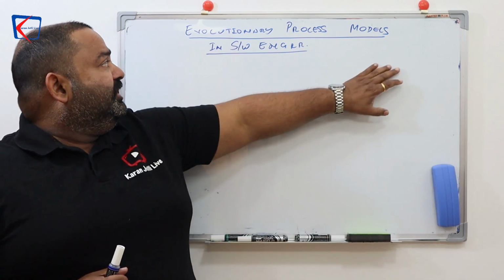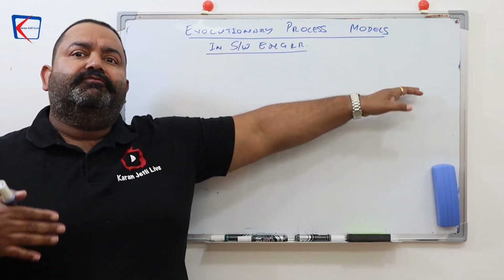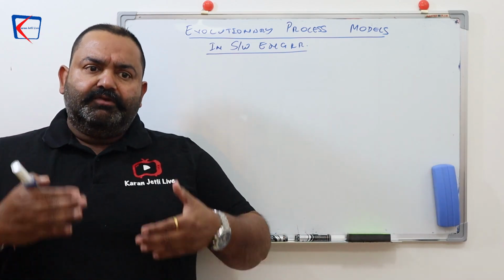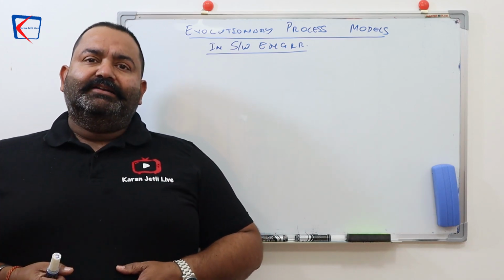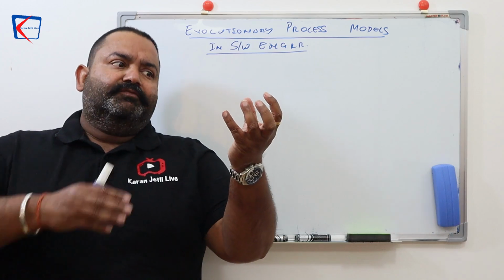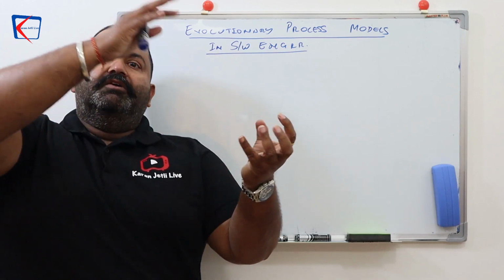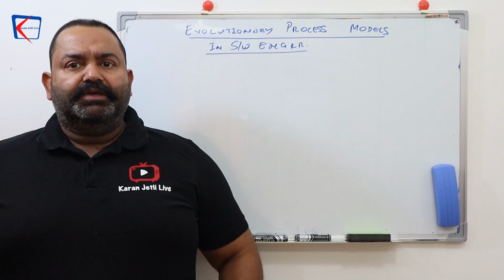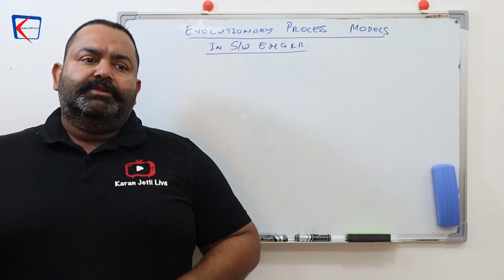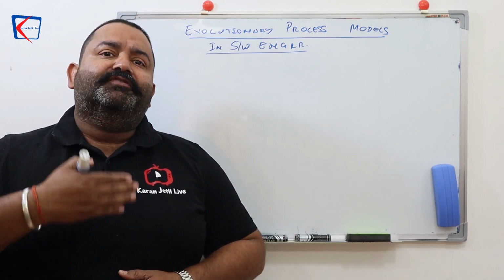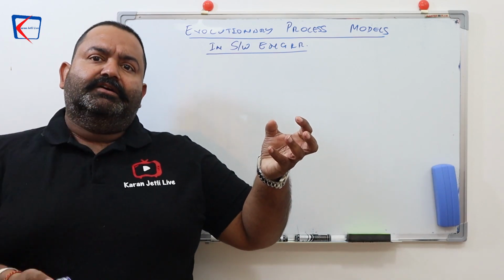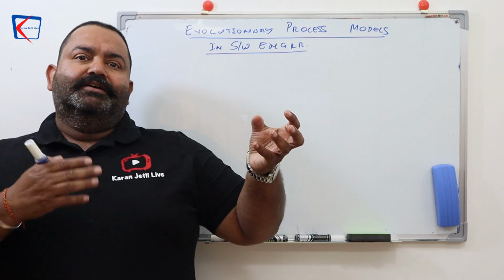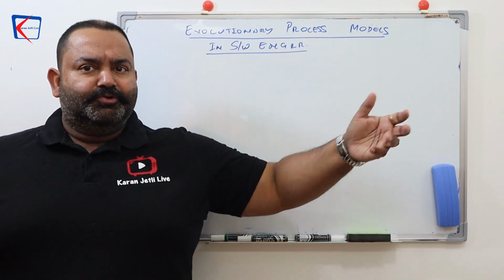Similarly, evolutionary process models follow an iterative approach where we keep on repeating a few steps again and again until our small software with the basic functionality evolves into a full-fledged working system. The product is released in different versions. Version 1 has basic functionality, then with another update you add more to it, then another update you add more to it.